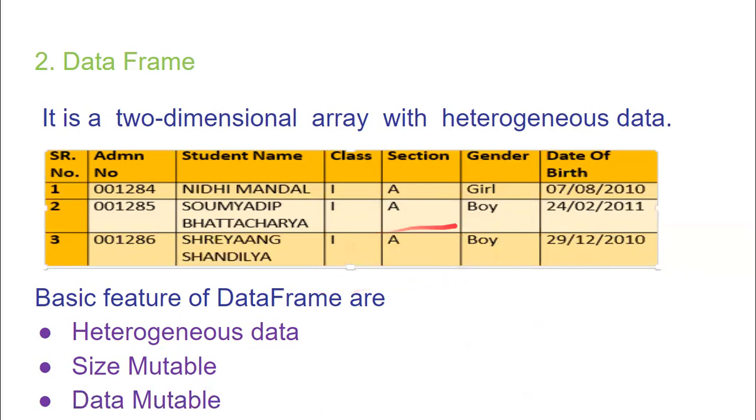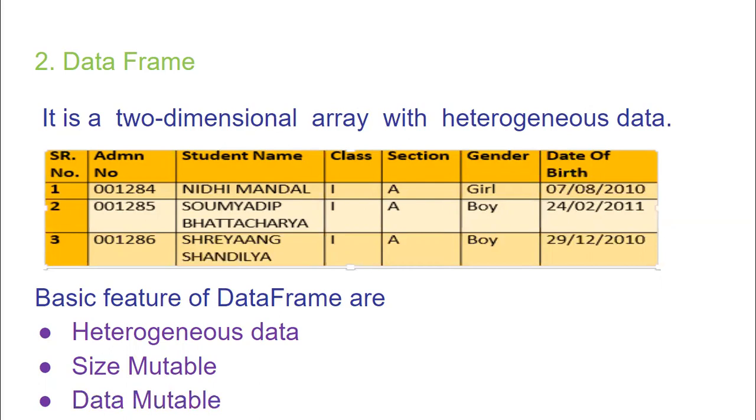Data are mutable means, for example, this particular child, Nidhi Mandar, has shifted from section A to B, so I want to change that. That is the data, so I can change the data from A to B. That is why the data is mutable in both cases. The similarity between the series and data frame is that data are mutable.